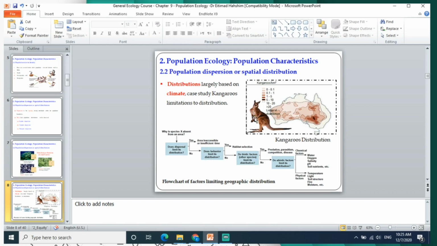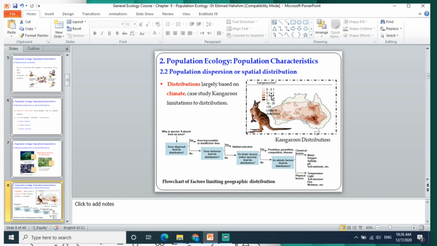For example, the kangaroo is present in Australia, so is dispersal a limiting factor? If the area is accessible, definitely the animal will be there. If the area is not accessible, then it will not be.